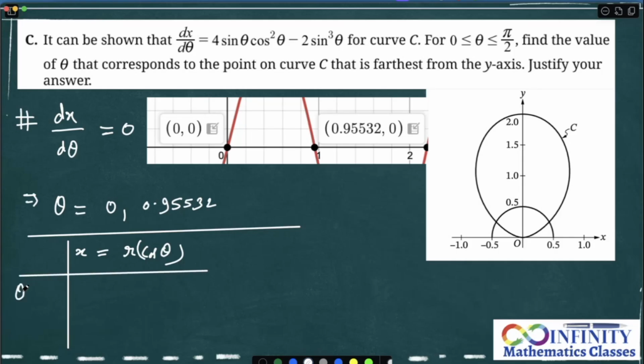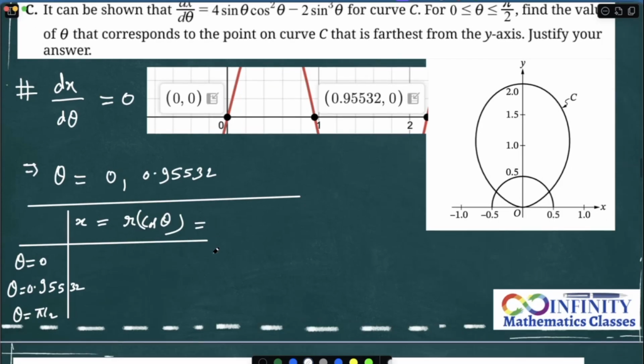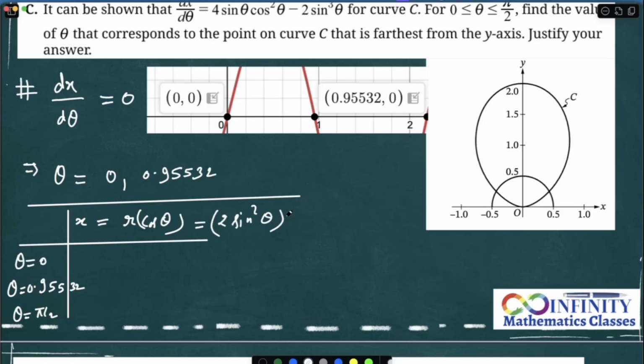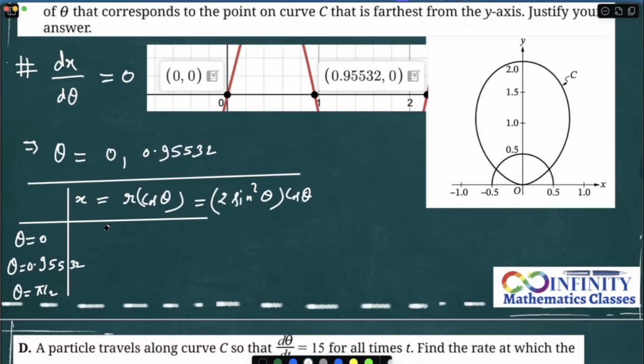The first value is going to be 0, the last value is going to be pi by 2, and the middle value is going to be theta equals 0.95532. x equals r cos theta is going to be how much? What was r? r was 2 sine square theta cos theta. This is the value I will be testing. Any doubt for these three values? Whatever the maximum you get, that is going to be the maximum for you.